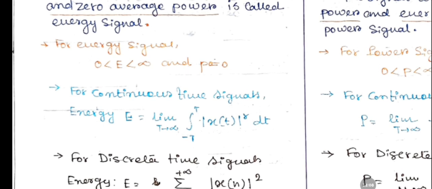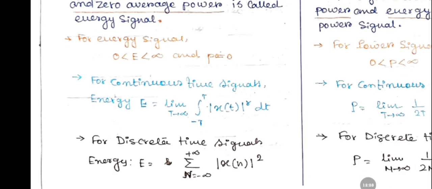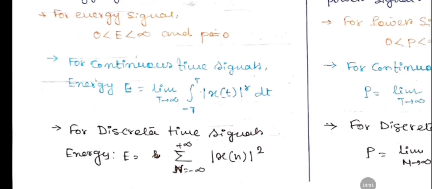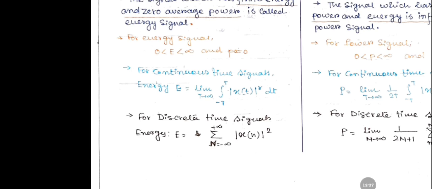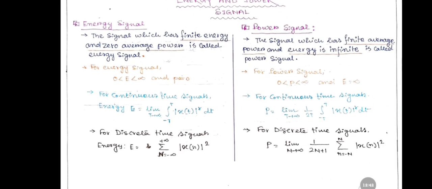For continuous-time signals, the equation is the limit as T tends to infinity of the integral from -T to T of the modulus of x(t) whole squared dt, and then we get the energy. For discrete-time signals, it is the summation of x[n] squared from minus infinity to plus infinity, and then we get the energy. What are power signals?